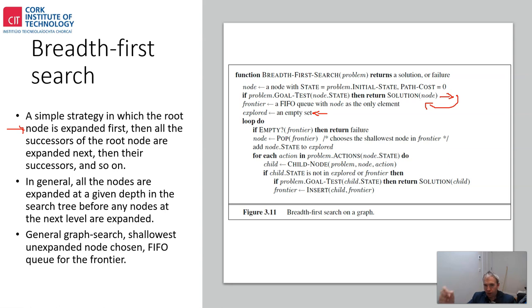Okay, so for each action, and again, what does our action refer to in the context of the tree search? It's every link connecting us to another node. So child is assigned child-node(problem, node, action).